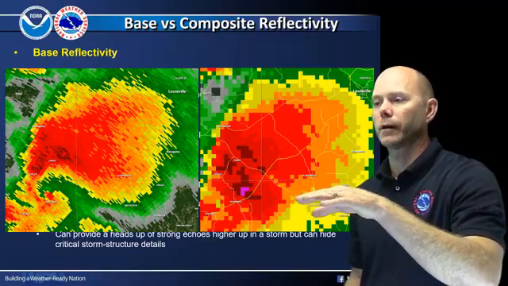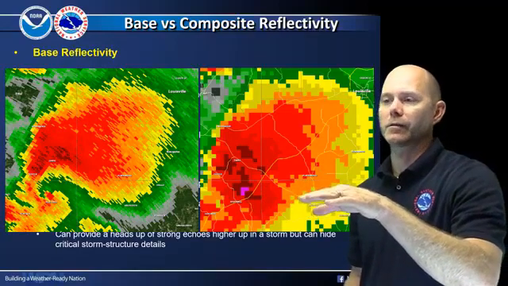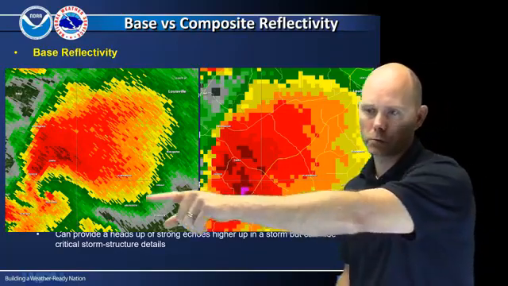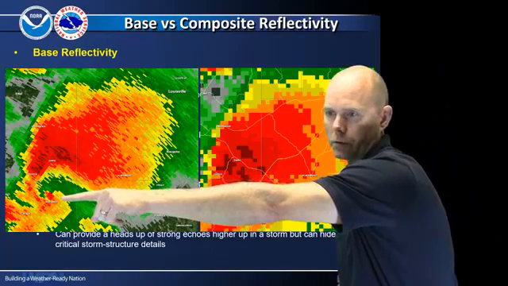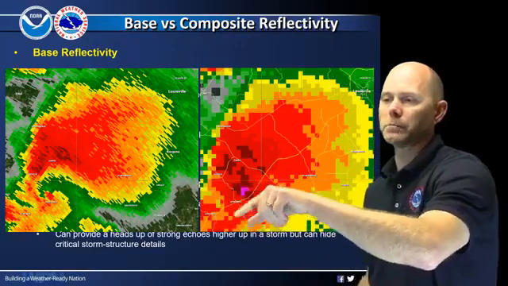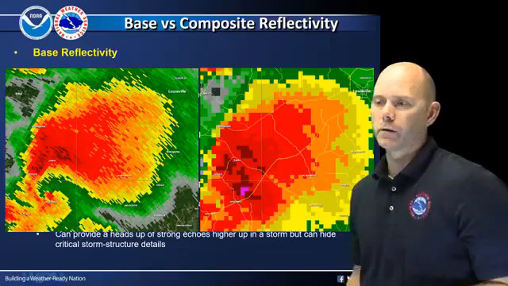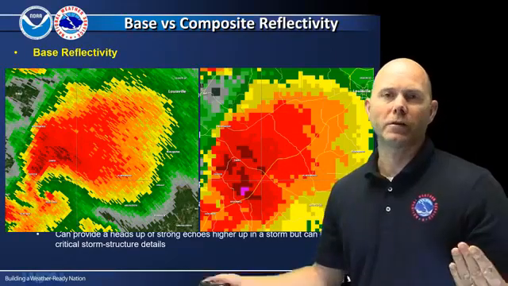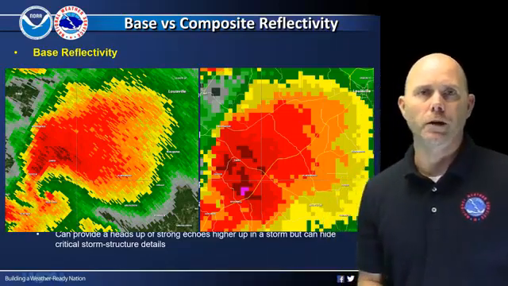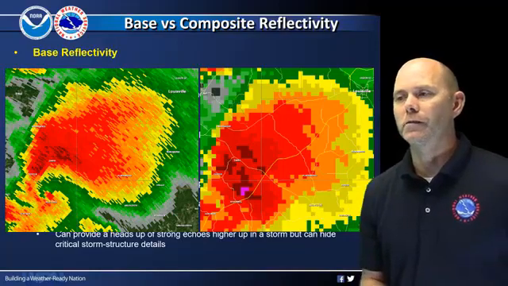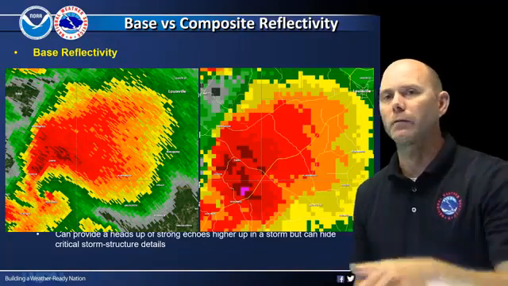In this case, it would not be good looking at composite reflectivity, because meteorologists really want to hone in on the hook of the storm and on where the tornado could be, and we don't want to have it messed up with all this other reflectivity. But in some situations, like I said, when you're really close to the radar, it is good to look at composite reflectivity to get a sense of what the base reflectivity might be missing.